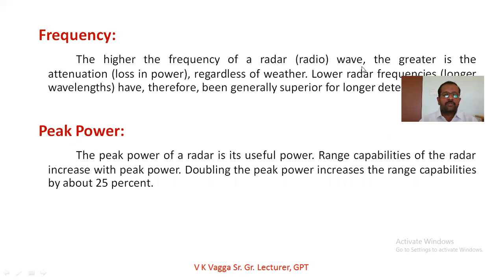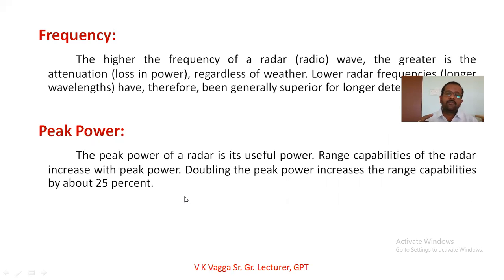If it is of higher frequency, it has more attenuation. If the frequency is less, attenuation will be less. And if you take the peak power, doubling the peak power increases the range capacity by 25%.